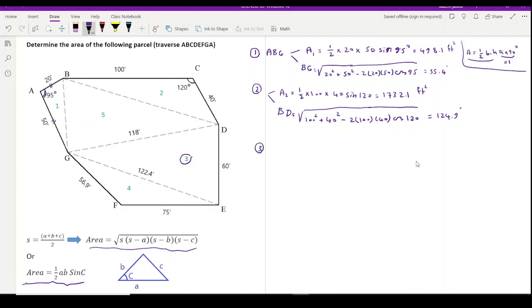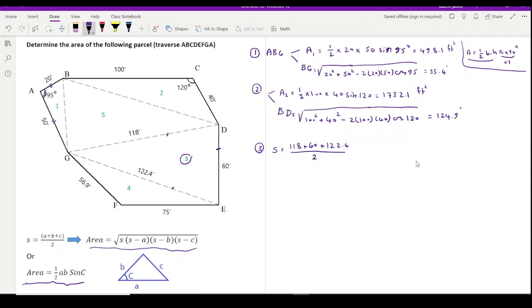Now the third triangle is DEG, and for this triangle we don't have the angle between any of the two sides, but we have the lengths of the 3 sides. Therefore, first we have to calculate this S, which is going to be equal to 118 plus 60 plus 122.4, so all 3 sides, divided by 2.